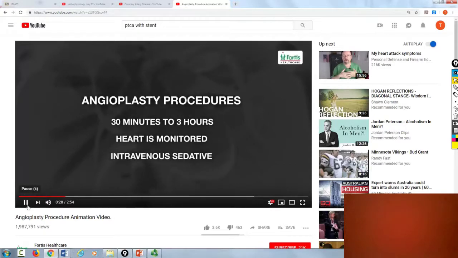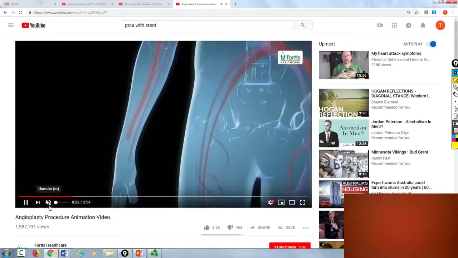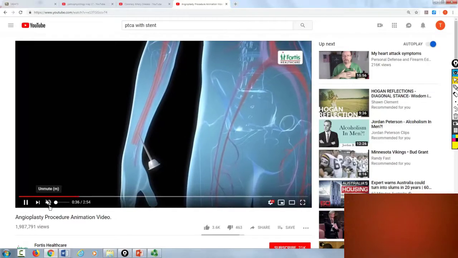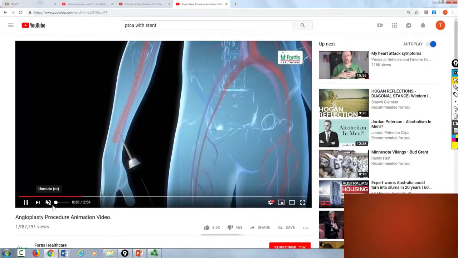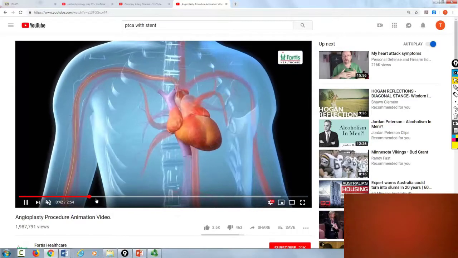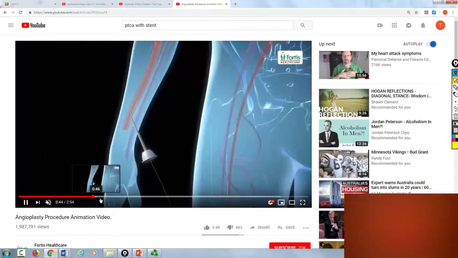A lot of times what they'll do is the angiogram, and if they identify something, they can do the angioplasty right there. So they're going to thread it into the coronary arteries.